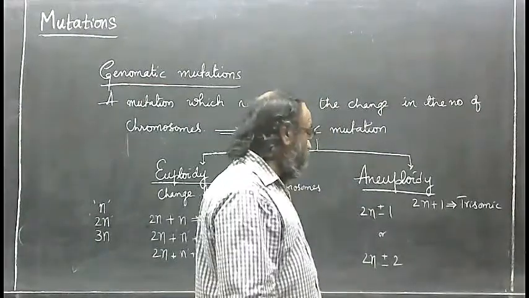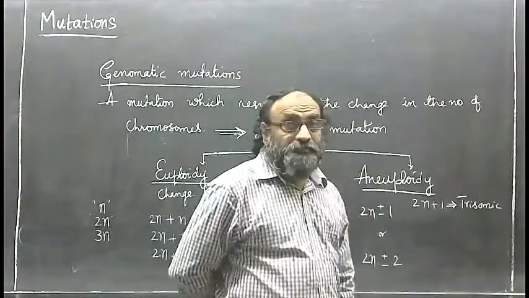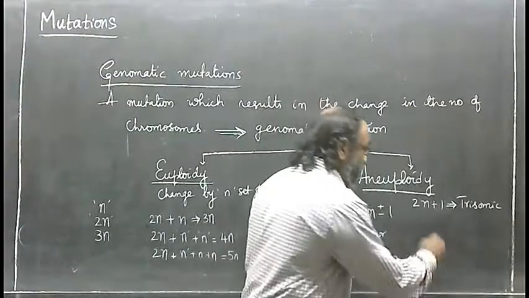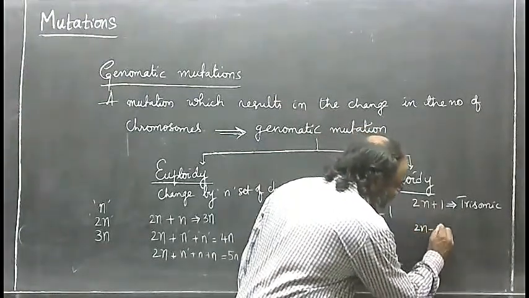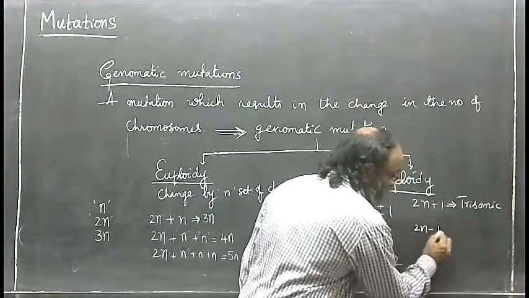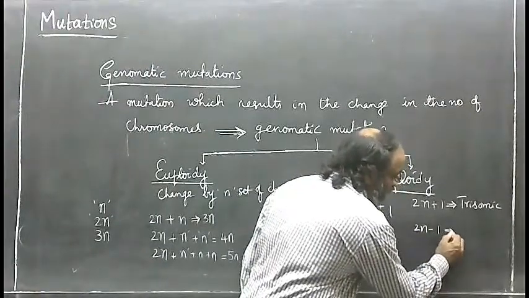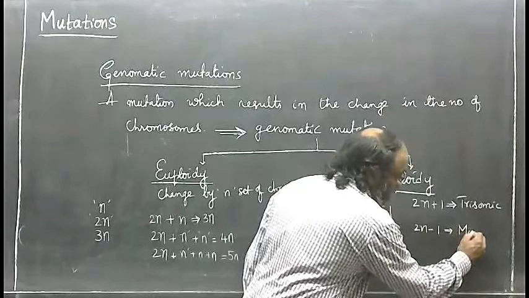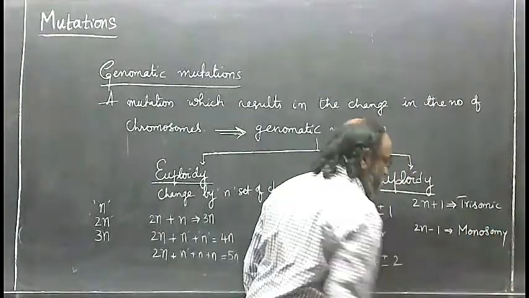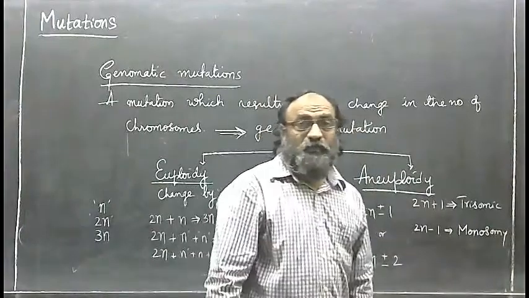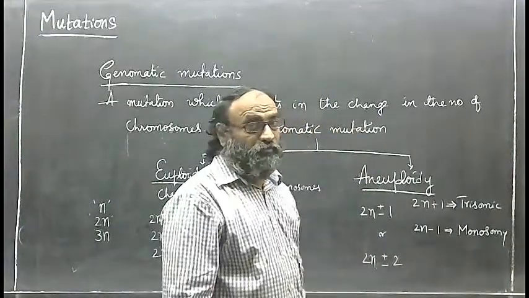If it is 2n minus 1, then the condition is called monosomy.